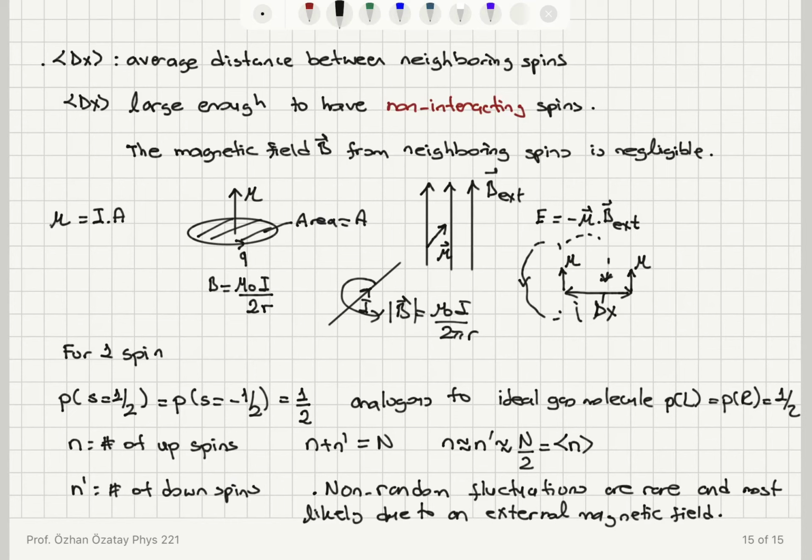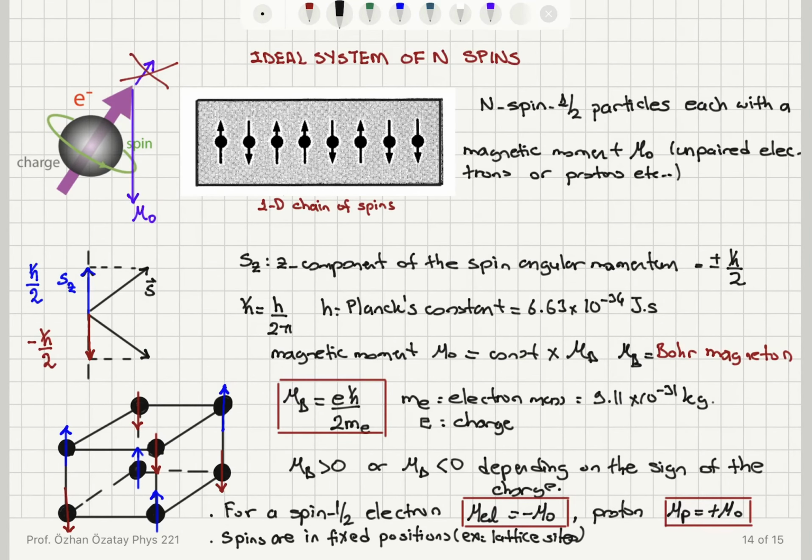So if they are far enough, I can assume that the magnetic field has already died off and they are non-interacting, so they don't see a magnetic field. If there is no external magnetic field that I'm applying to the system of n spins, that means they are free to move in whichever direction they want.